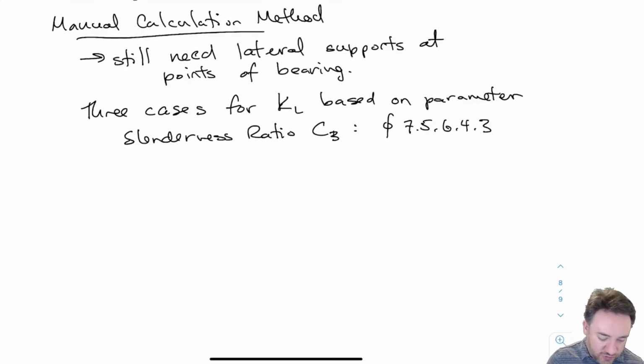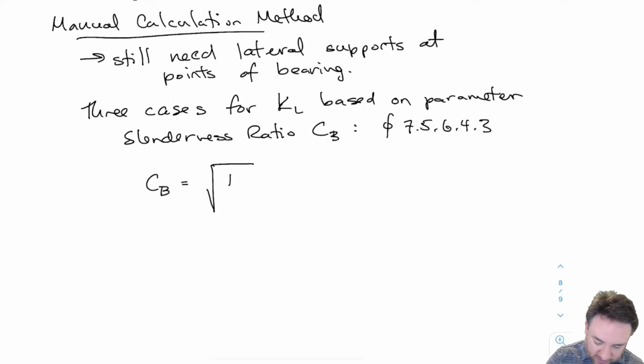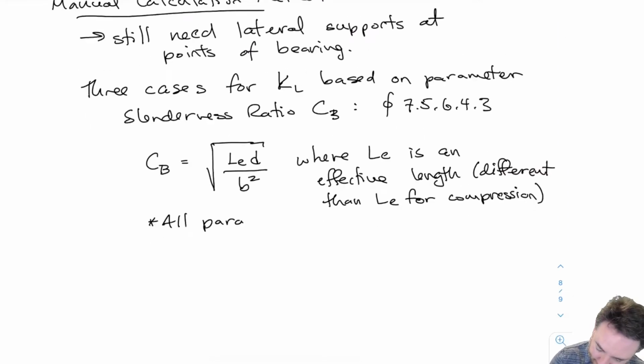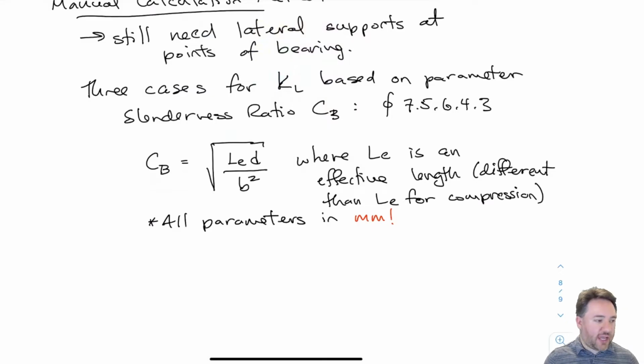Okay, so first we have to calculate the slenderness ratio. It's a pretty simple calculation. It looks kind of similar to the one that we had before, but instead of just being length divided by the cross-sectional dimension in the direction of buckling, here we have a square root of LE times D, which is depth, divided by B squared. Okay, so we have LE, which is an effective length.